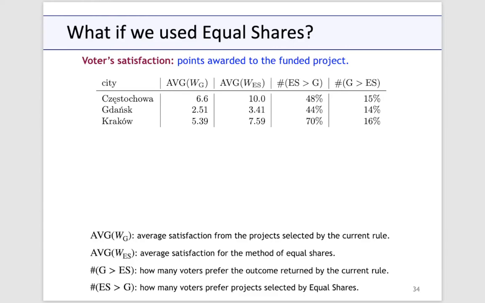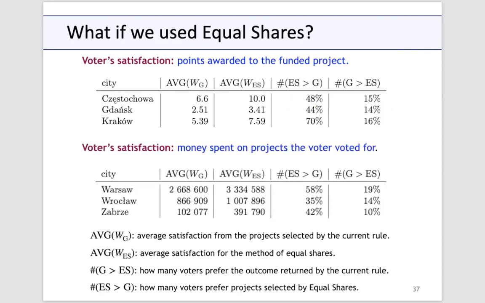We can see that the satisfaction of the voters from the outcomes returned by the greedy rule is on average lower than from the outcomes returned by the method of equal shares. Similarly, there are more voters who prefer the outcomes returned by the method of equal shares to the outcomes returned by the greedy method than the other way around.